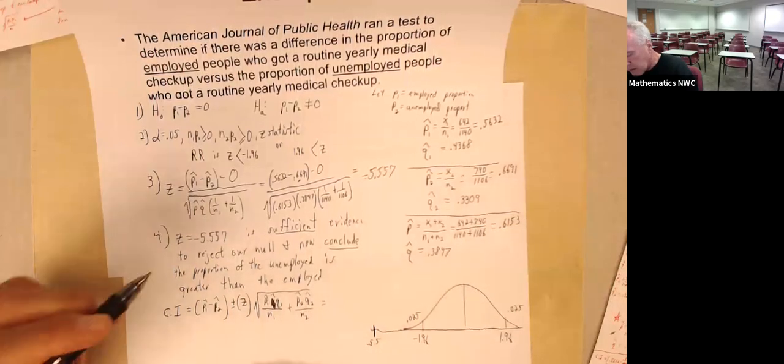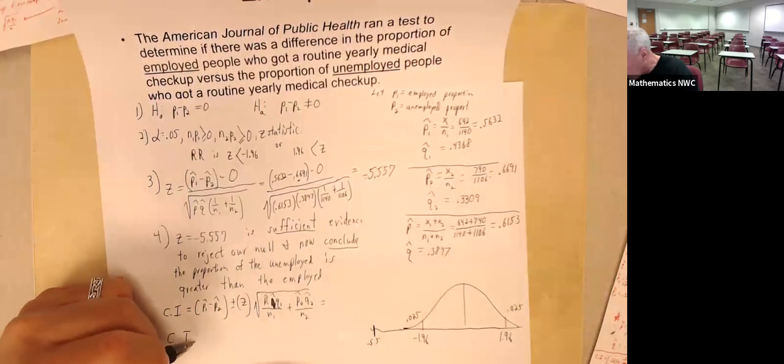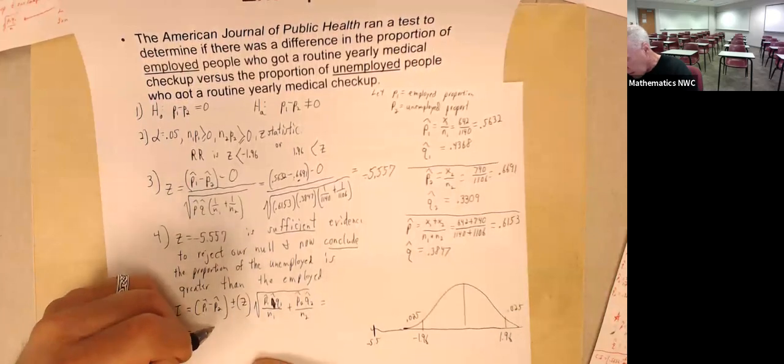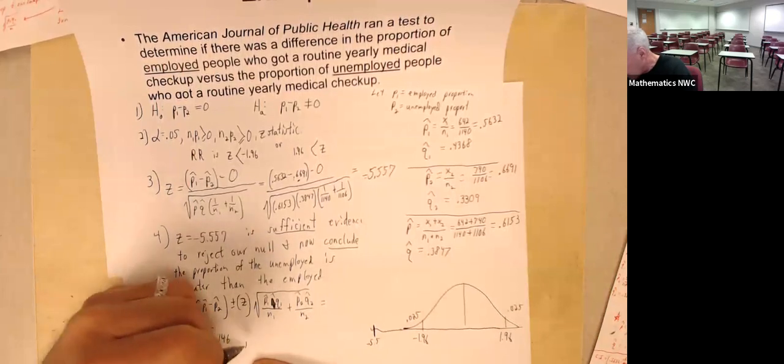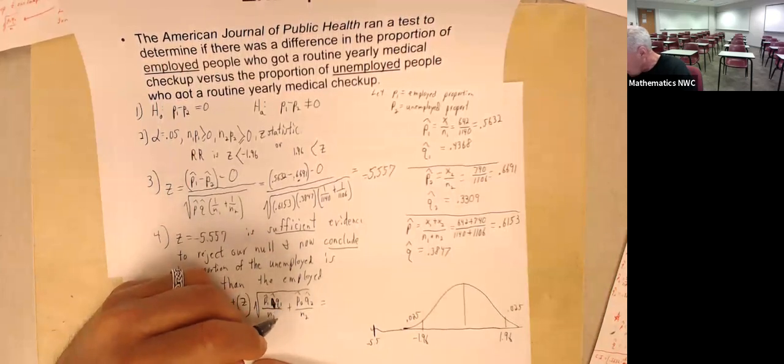When you do that, here's what you end up with your confidence interval to be. Turns out to be a negative 0.146 to a negative 0.066.